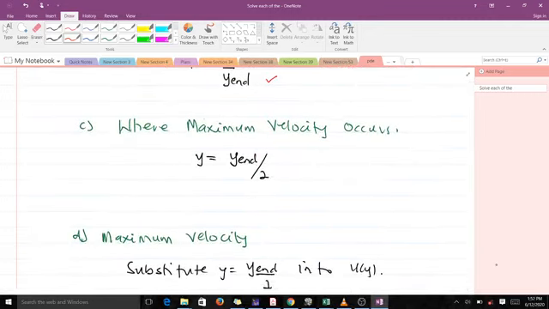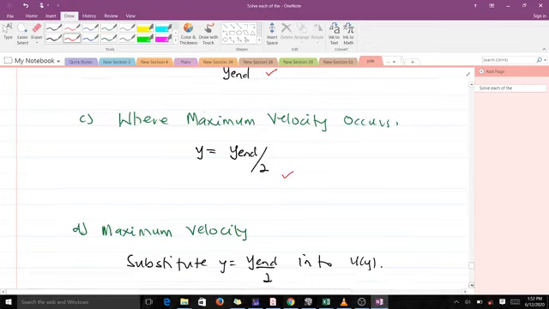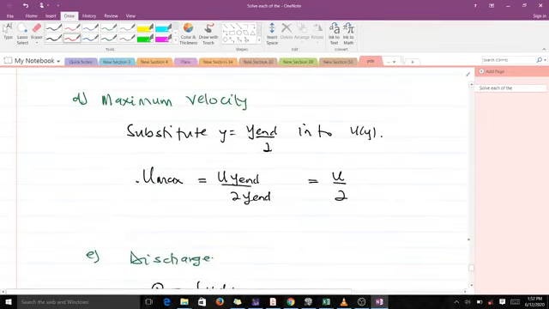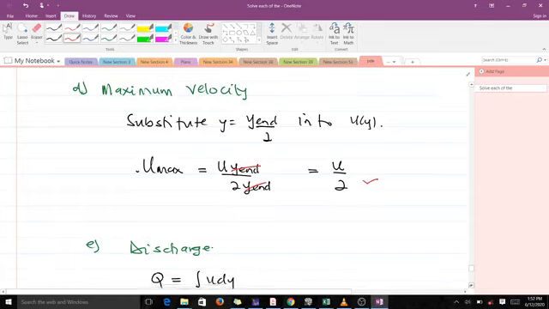Then the maximum velocity occurs at y equals y_n over 2. To find the maximum velocity, we substitute into the velocity profile equation u of y. That gives us u max equals U y_n over 2 y_n. So this cancels this, and finally we have U over 2.